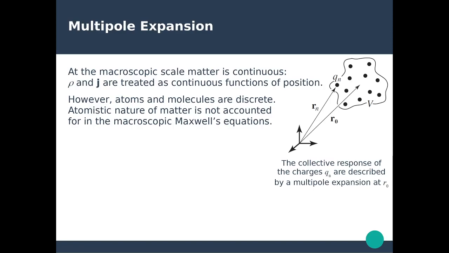At the microscopic scale, matter is considered continuous. So the charge density, the charge distribution, and the current density are treated as continuous functions of the position. However, when you consider very small objects like atoms, molecules or even quantum dots, for instance, they are discrete.